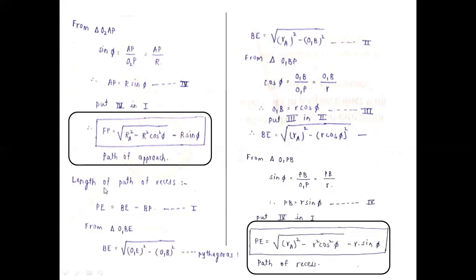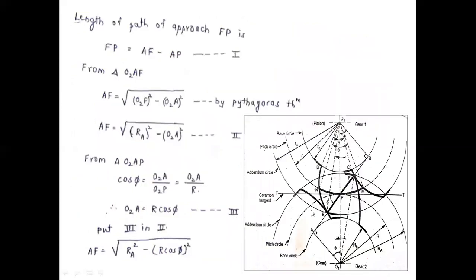Now we have to find out the length of the path of recess. This is the path of recess PE. FP is the path of approach, which we have already found out. PE is the path of recess. So for finding the path of recess, we are considering triangle O2BE this time.